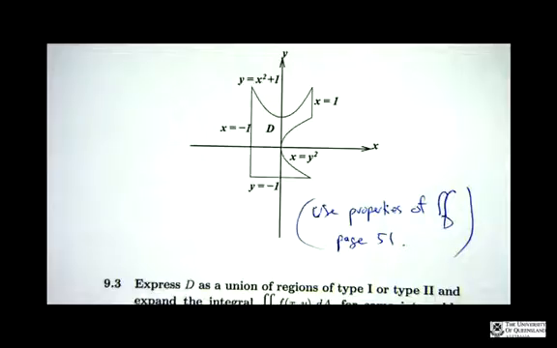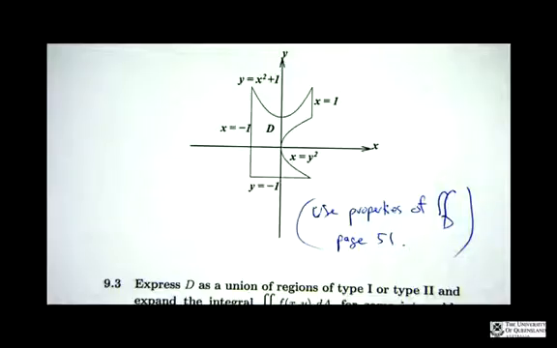And we can do it with as many regions as we like, as long as we get those smaller regions to be either type 1 or type 2, because it's on those type 1 or type 2 regions that we can apply Fubini's theorem. We've just worked out how to do that for both those types of regions.